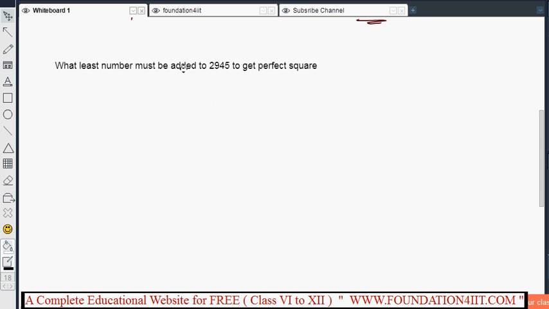So here what we need to add. 2945 also is not a perfect square, but if I add some number to this, we'll get a perfect square. Now the procedure is the same, but the last little step will become different.